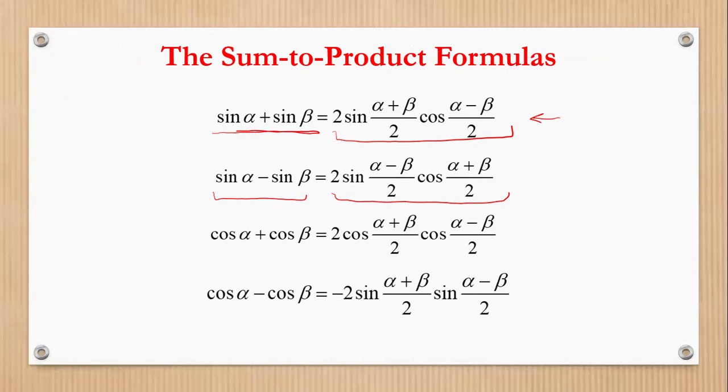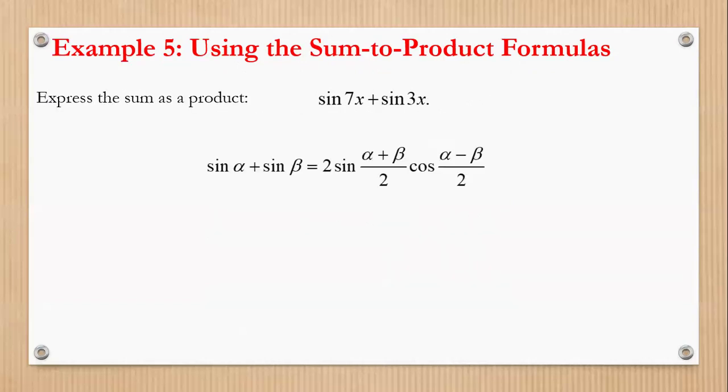And in this case, remember, this alpha is your first angle, beta is your second angle, but when you're changing to the product, you need to add the two angles and then divide by 2. So we do the same here. You write the formula and replace the alpha by 7x and replace the beta by 3x.